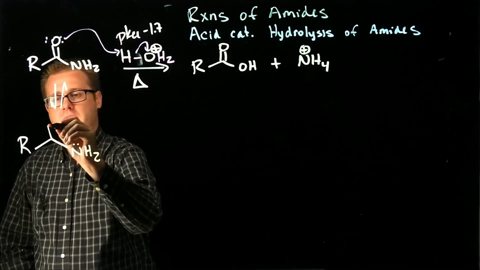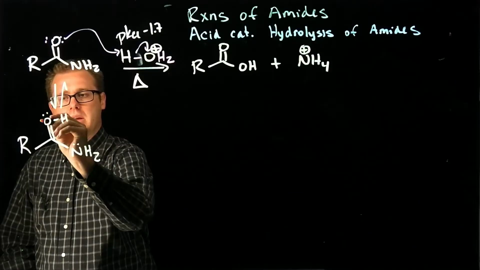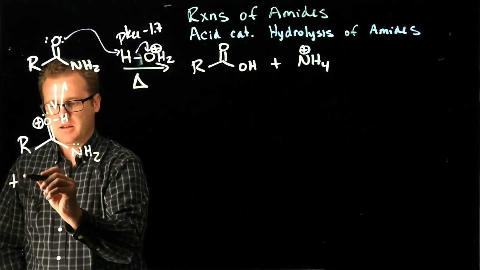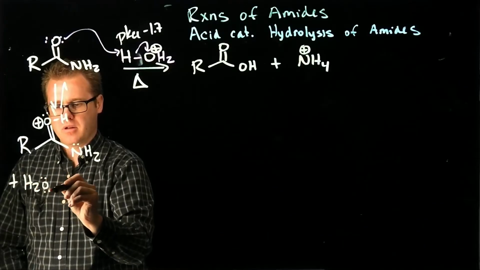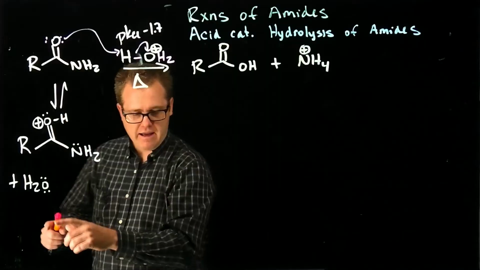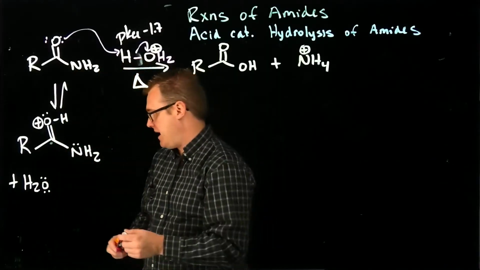There's our amide. So that's positively charged. And then we generated some water. Now, what have we done? We've now activated the carbonyl so the water can come in and attack.